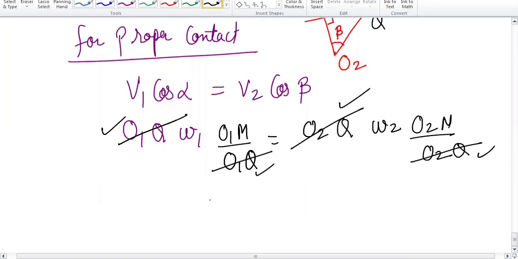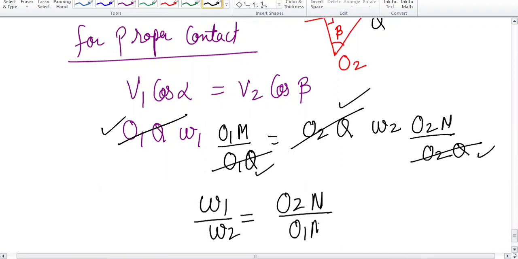So omega 1 by omega 2 comes out to be O2N by O1M.